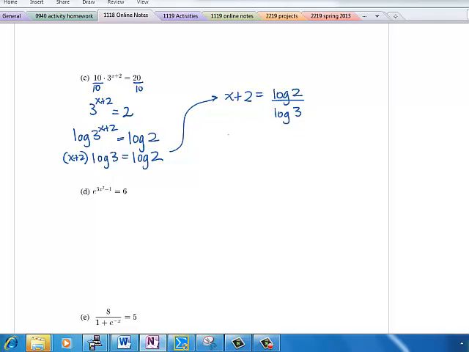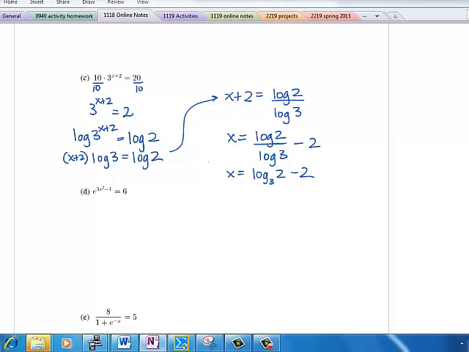And then subtract 2. So we would have x equals log 2 divided by log 3 minus 2. So again, you could have natural log of 2 divided by natural log of 3. That would be fine. Or if you want to, you can even write this as the log base 3 of 2. But in the first form, it's easier to evaluate on your calculator.